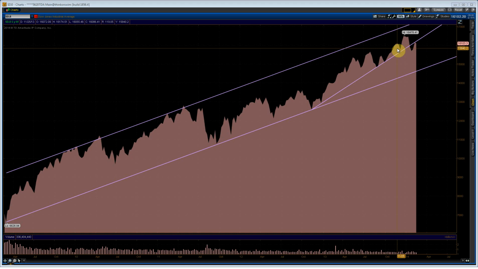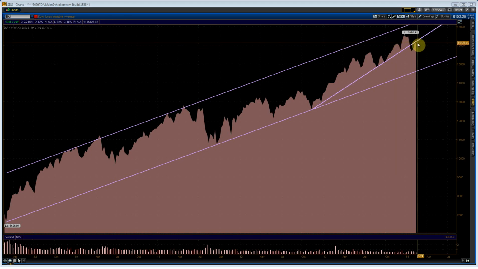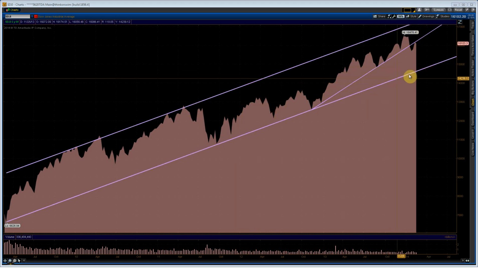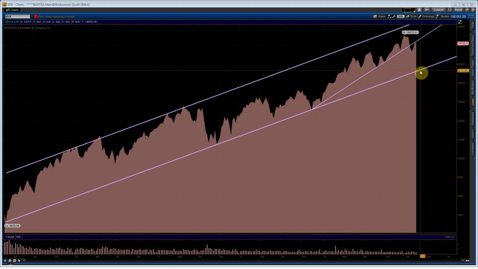A series of lower lows and lower highs over the process of the markets correcting to a level prior to the induction of QE3, as that QE3 is reduced over the course of 2014, as their current plan states, down to zero. Now, in my opinion, that's going to lead us down to at least the channel that's been set since the markets bottomed in March of 2009.